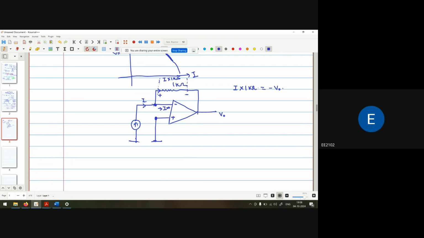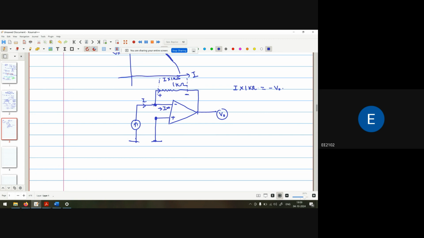Why minus V naught? Because the voltage drop across this one appears here, where the negative terminal is connected with V naught. So the voltage at this terminal will be just the negative of this voltage. So V naught is equal to I multiplied by 1 kilo ohm.